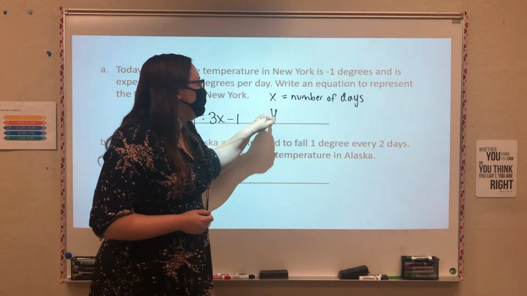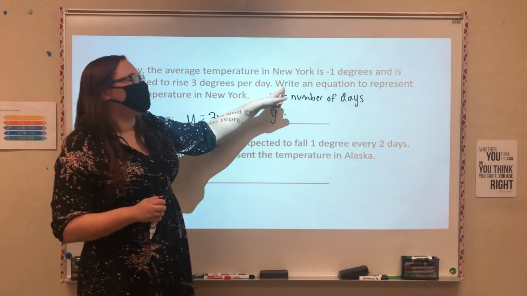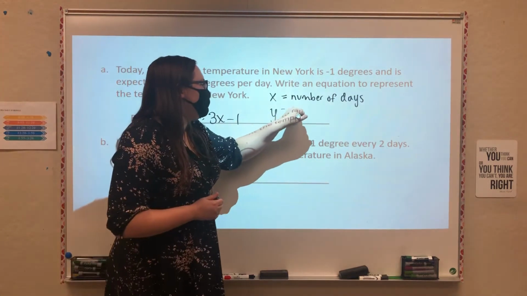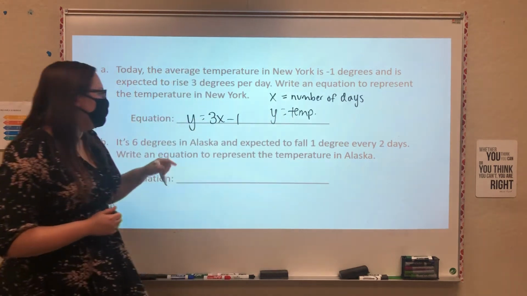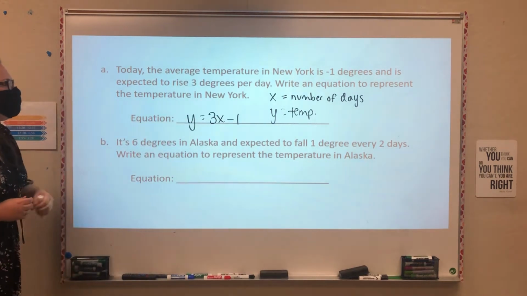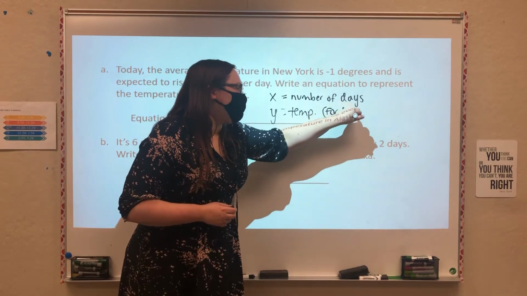Along with that, you used y. What does y represent? The temperature. Nice. I was going to say, when in doubt, read what the question's asking. Write an equation to represent the temperature. So I'm going to write temp, that our temperature equals this. I'm going to clarify, for New York.